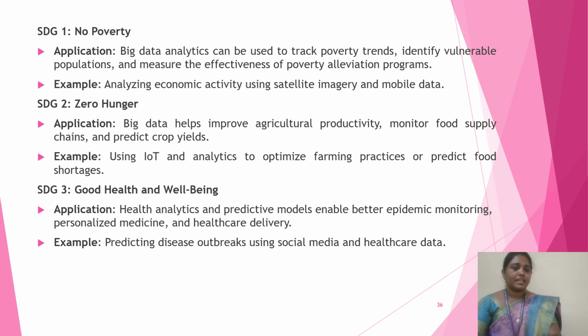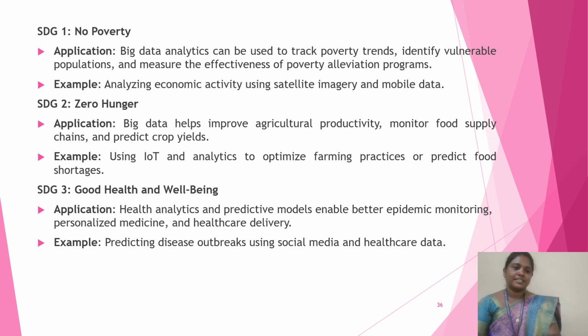Various economic activity can be studied using satellite imagery and mobile data. After that, to achieve SDG 2, zero hunger, for example, you need to analyze data using IoT and optimization techniques for farming practices that predict food shortages.